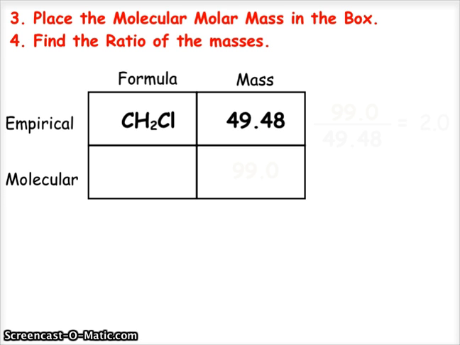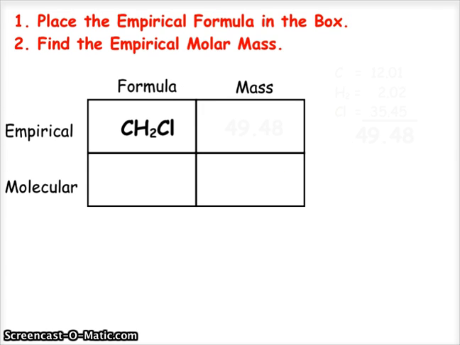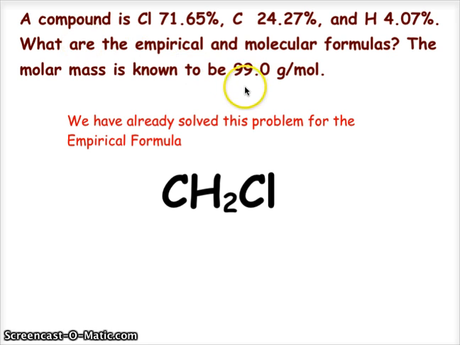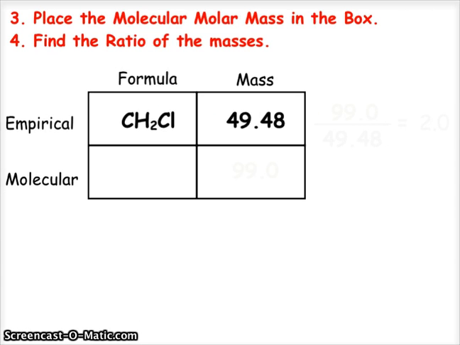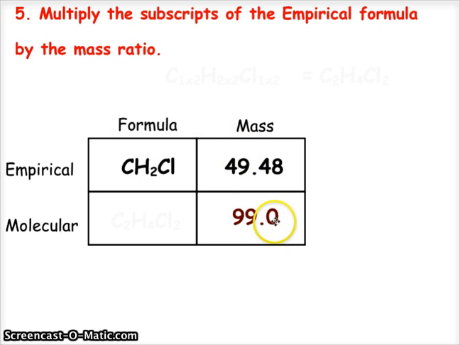Now, what we next look at is what is the molecular mass? The molecular mass was given to us in the problem. If we go back, the molar mass is 99.0, so we put that 99.0 in the box.